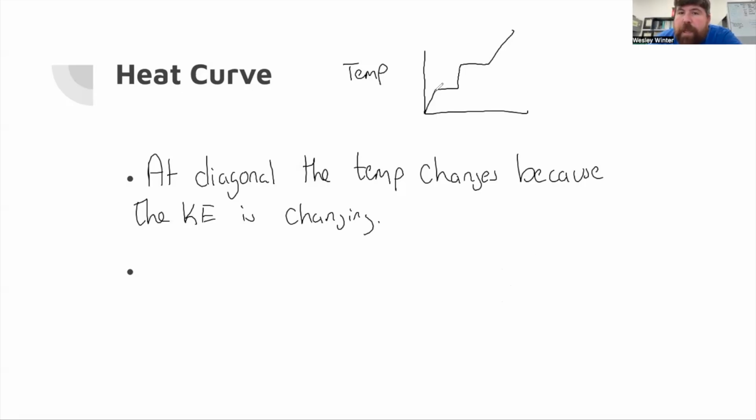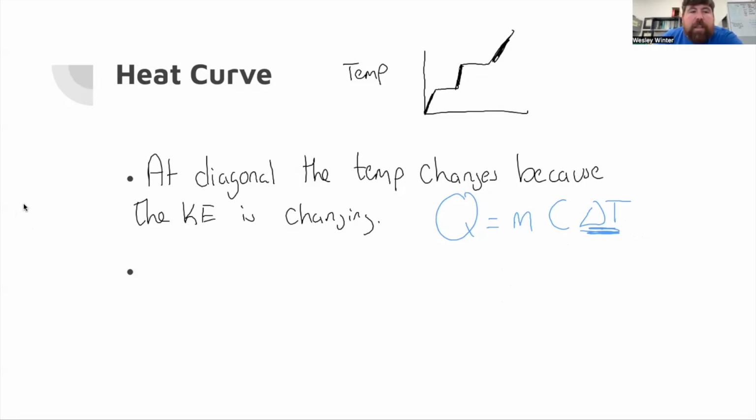So if you're ever on a diagonal line, you want to use the equation Q equals mc delta T. That's because at the diagonal line, you are changing the temperature. The kinetic energy is changing, so the heat that is being put into the system is changing the temperature.